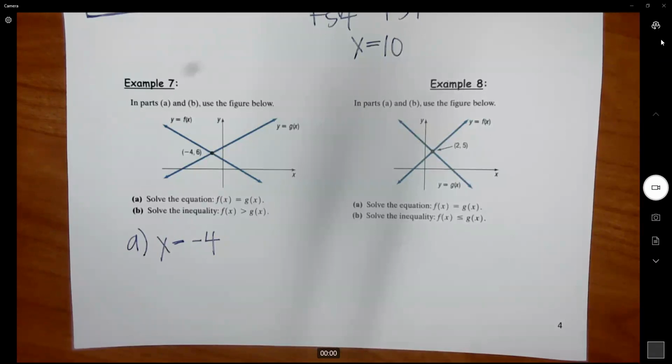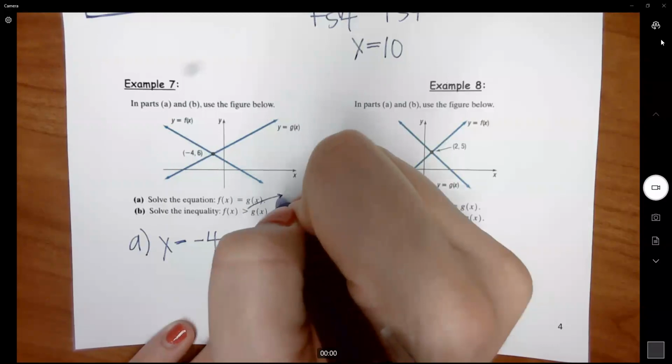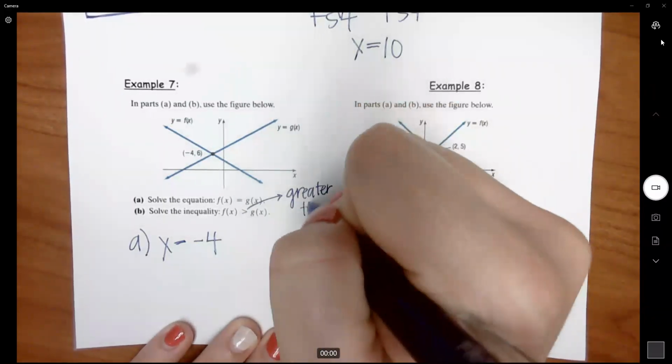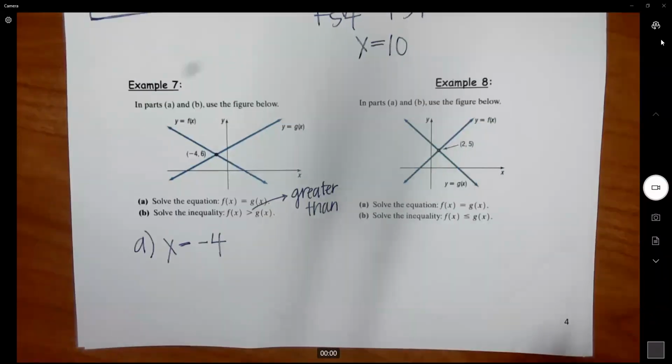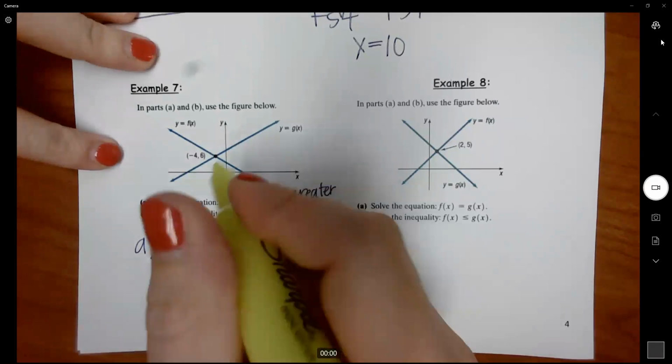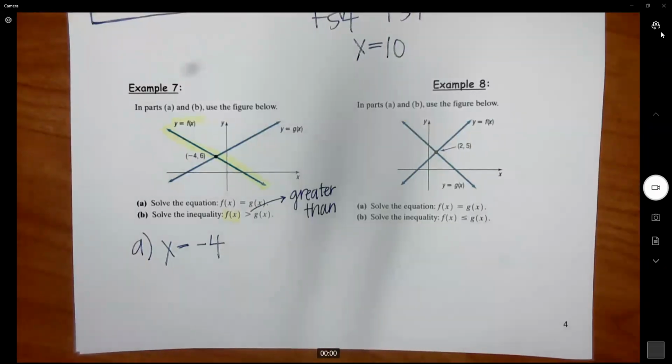Okay, the second one, I want to know when f of x, this symbol right here, means greater than, when f of x is greater than g of x. So let me just go ahead really quickly and highlight. This is my f of x. My g of x is then not highlighted.